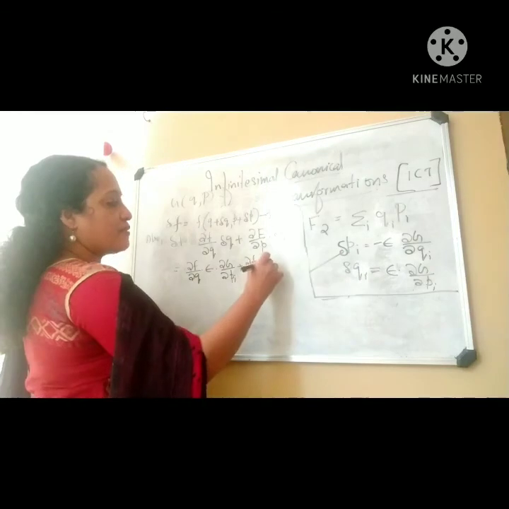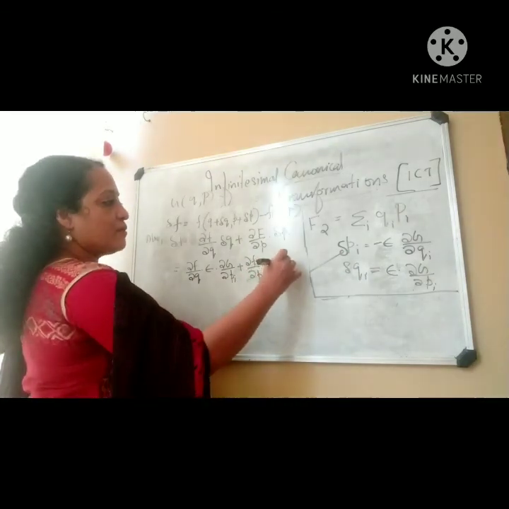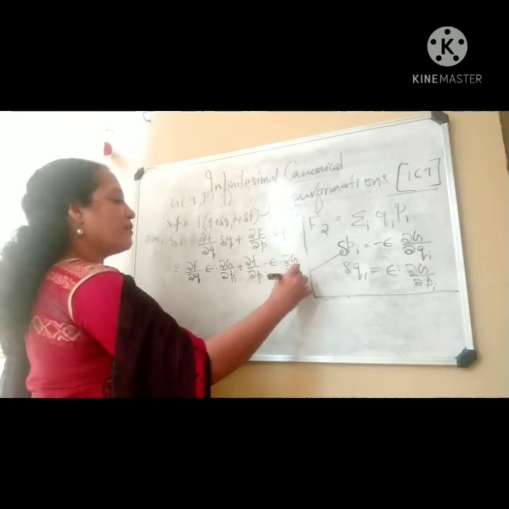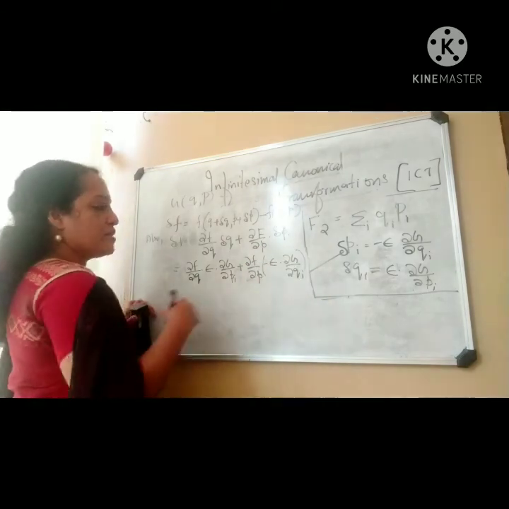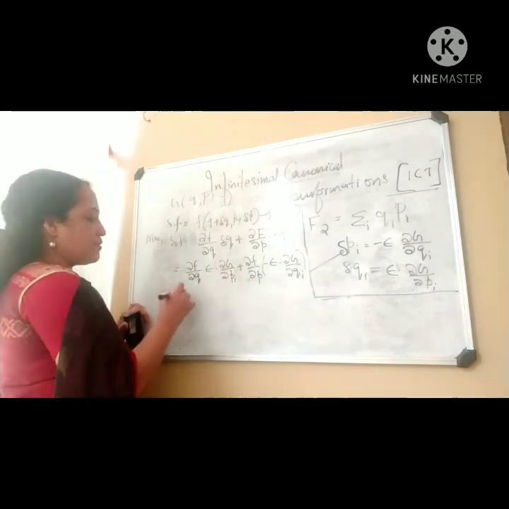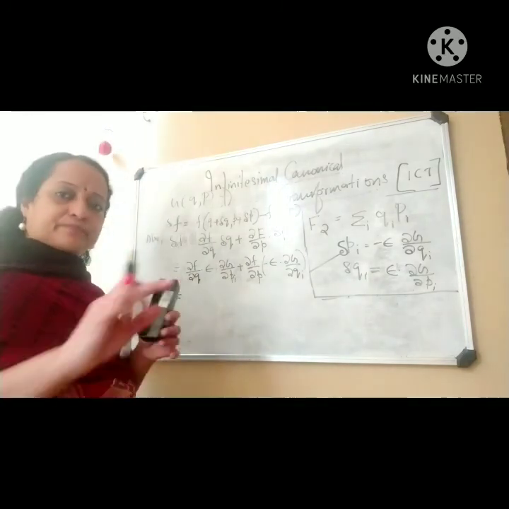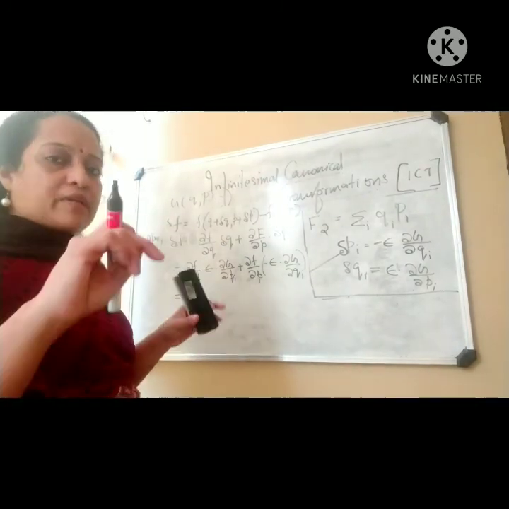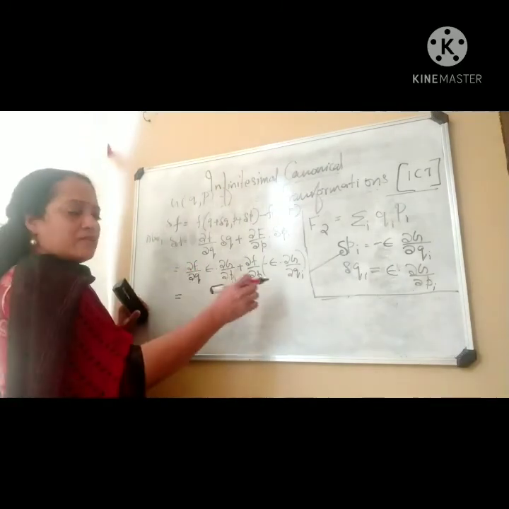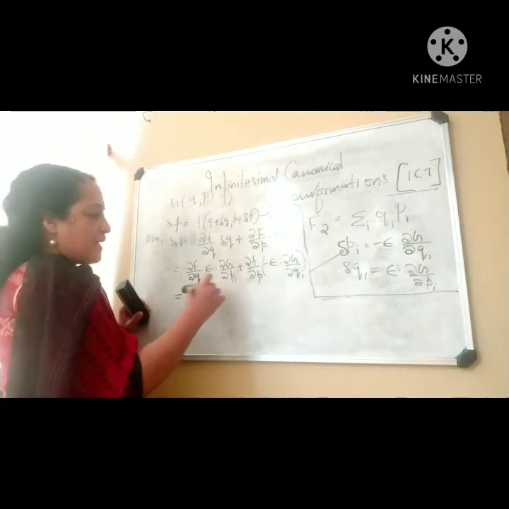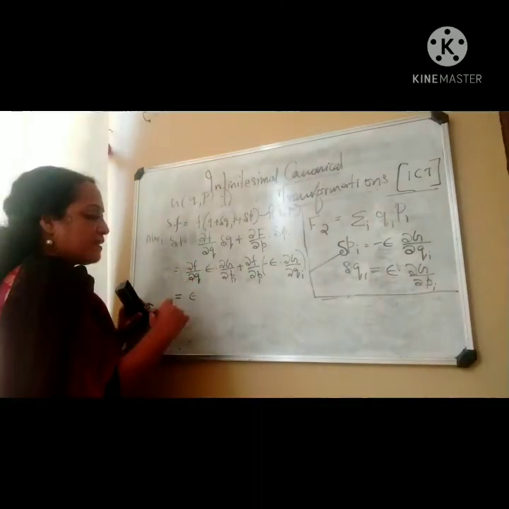Delta p is equal to minus epsilon into dou g by dou qi. This is similar to a Poisson bracket, because when we expand this, we can take epsilon outside.